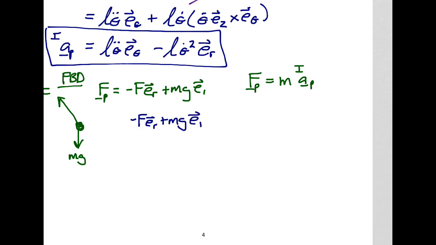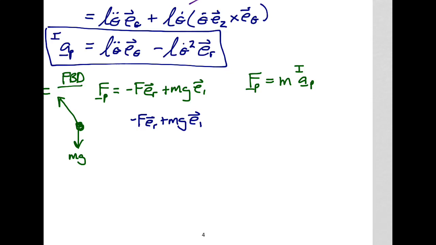Now I should point out here, notice that we've expressed this force in two different bases. We've got our constraint force expressed in the polar basis, and then our gravity is expressed in the inertial basis. And you're going to see this quite a bit, particularly with gravity, because remember, gravity is always pointing down when we are observing this in a reference frame that's fixed to the ground.